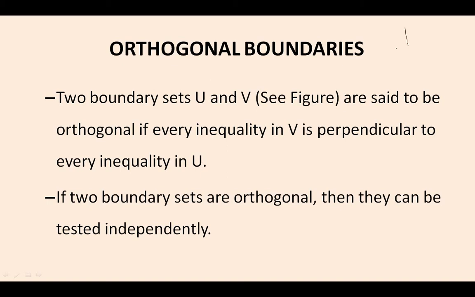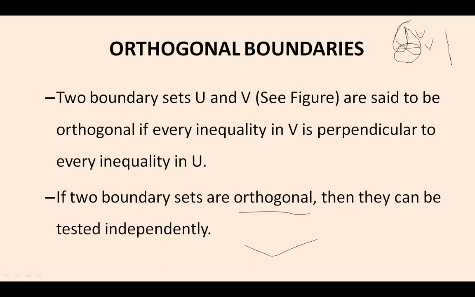This is the inequality of the u, this is the inequality of the v, completely perpendicular to each other, because these inequalities can be tested independently; we can't test them combined, right? Whenever inequalities are in two different kinds of boundary sets, if the two boundary sets are orthogonal, that means perpendicular to each other, having some set of inequalities, they can be tested independently. You have to test the u boundary separately and the v boundary separately.